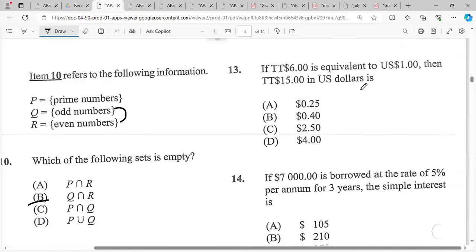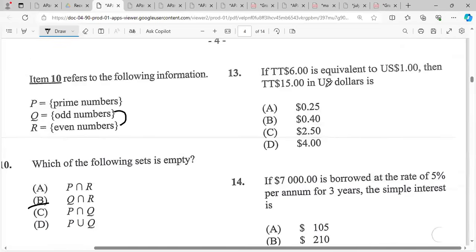13. If TT $6 is equivalent to US $1, then TT $15 in US is. So if one US, guys, you know, Trinidad money is better than our one. Look, they sell to Jamaicans.